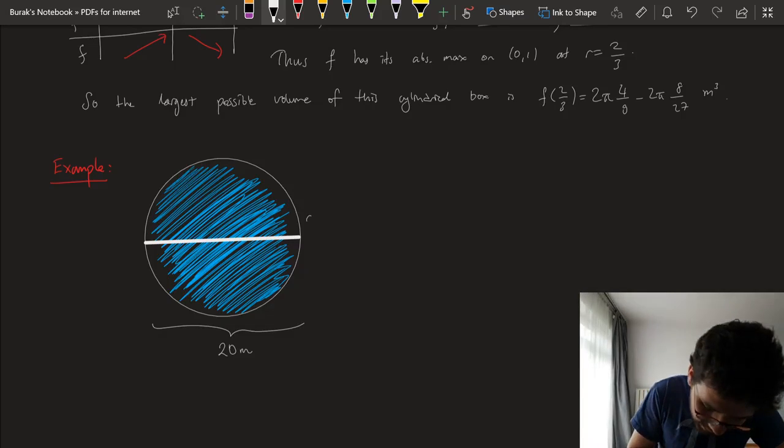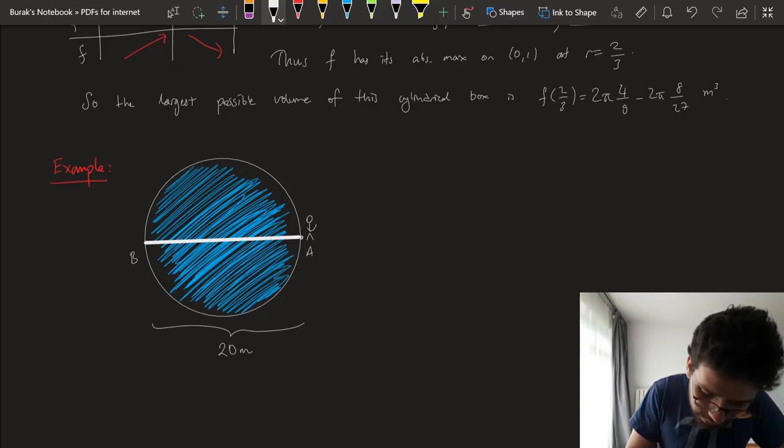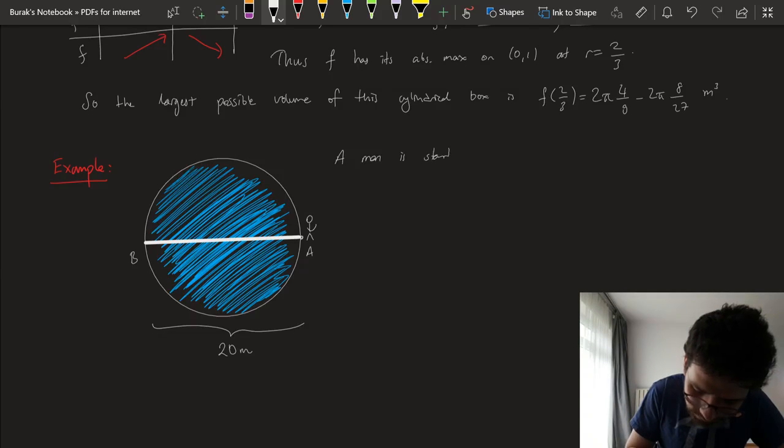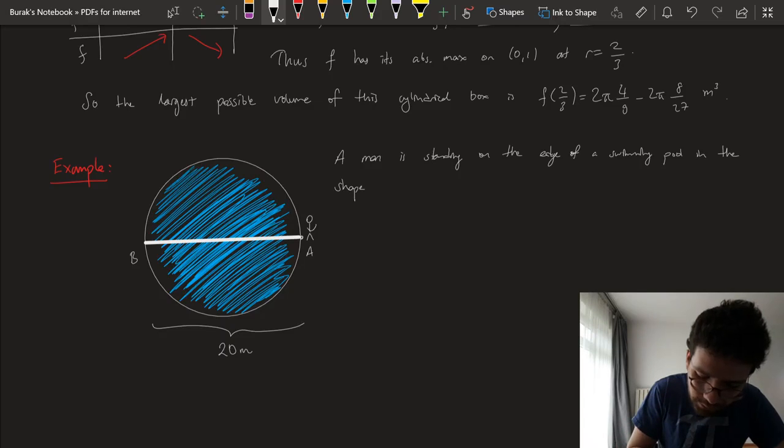So a man is standing here at this point A, and this is the point B. Okay. So a man is standing on the edge of a swimming pool in the shape of a circle.